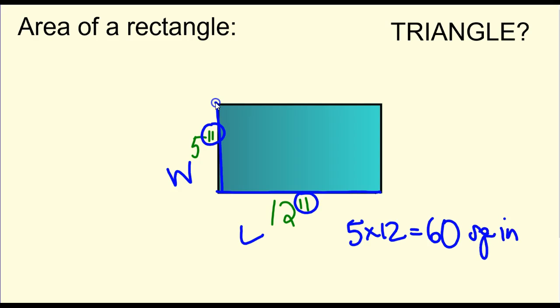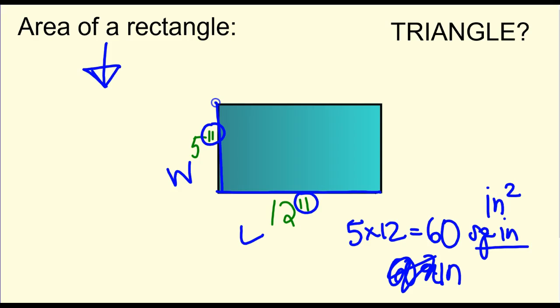Don't write it like that, because then people get confused and think they're supposed to do 60 times 60 and then inches. That's not what that means. So I can either write square inches like this or like this. Okay, so area of a rectangle.